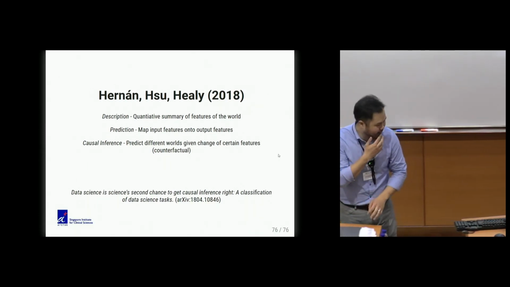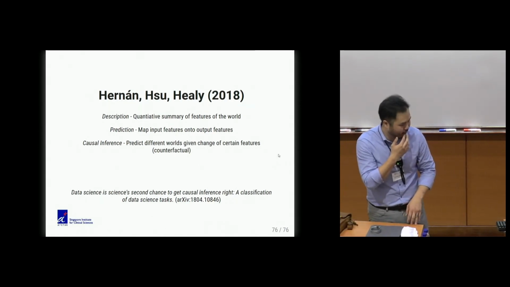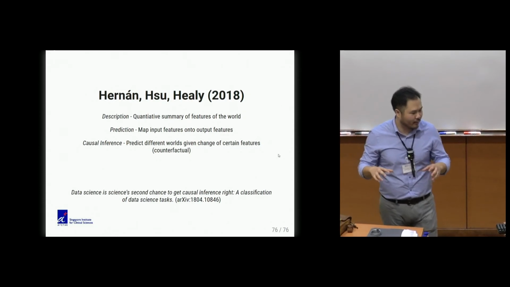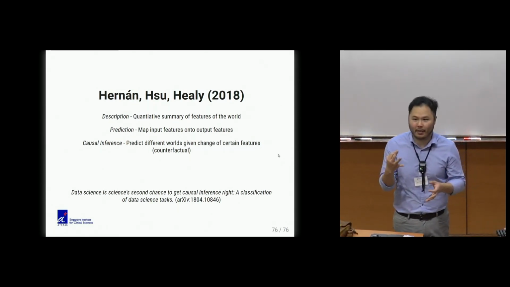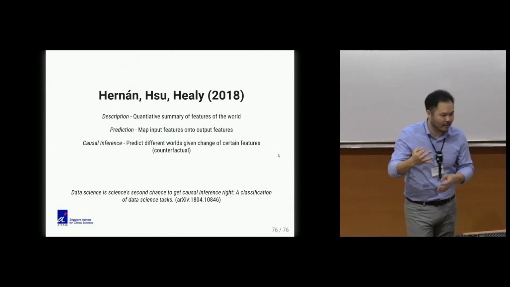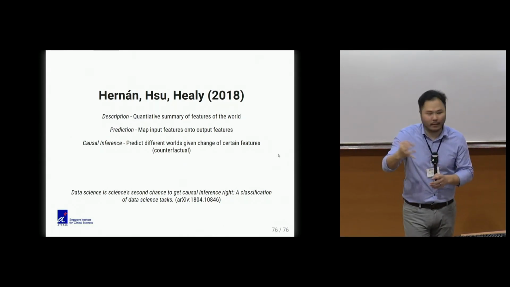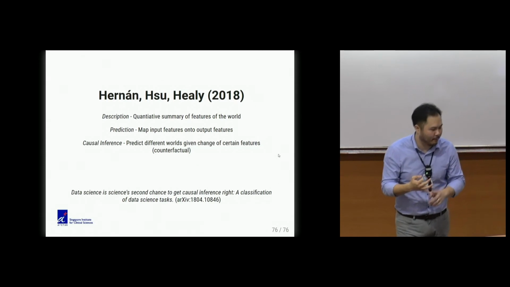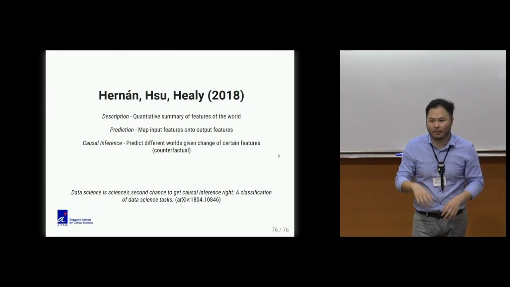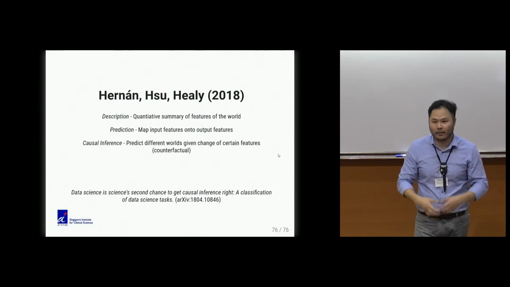Miguel Hernan, I think this is actually published now, but this is from the archive paper, describes that in the process of data science there are three things that are trying to be done. One of them is related to what we think about in epidemiology: just description. There's a proportion of things different between different groups. That's important to us. We need to know it. For example, a burden of disease.